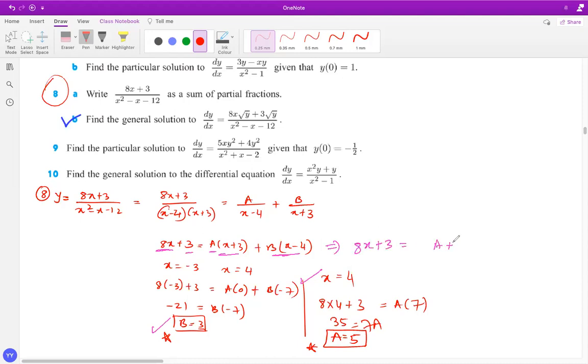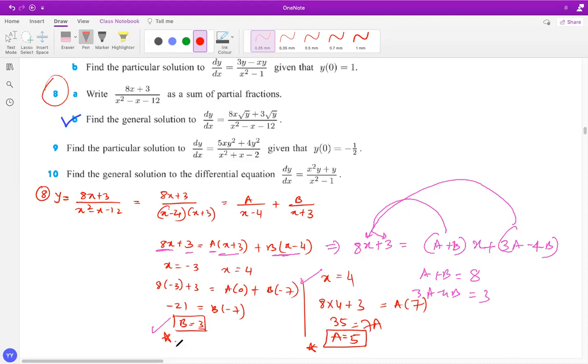Taking the right-hand side simplification, a plus b times x, and the constant term is 3a minus 4b. Equating the coefficient of x, a plus b is 8, and 3a minus 4b is 3. If you solve them, you get b as 3 and a as 5.